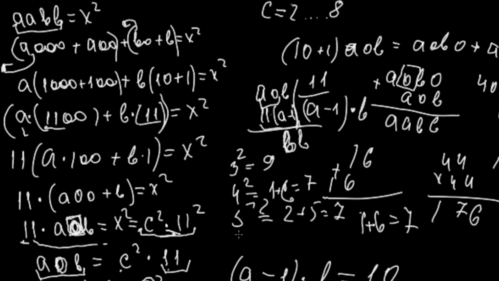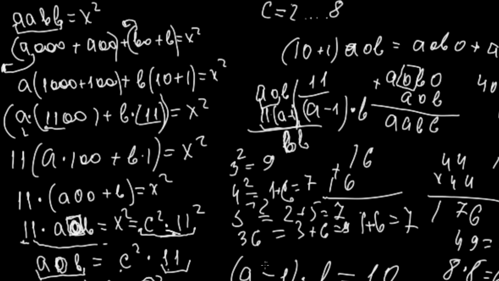Also not. 6, 36. 3 plus 6, it is 9. Close, but not that. 7, 49. 4 plus 9 is 13. Also not. And our last chance, it's 8. 8 times 8 is equal to 64. And 64, 6 plus 4, it is 10.